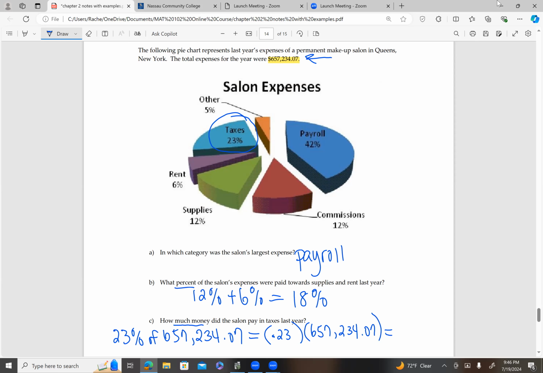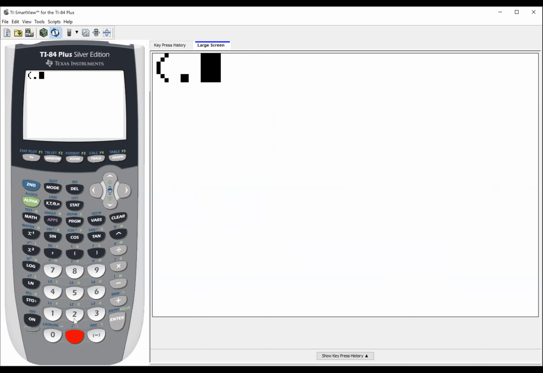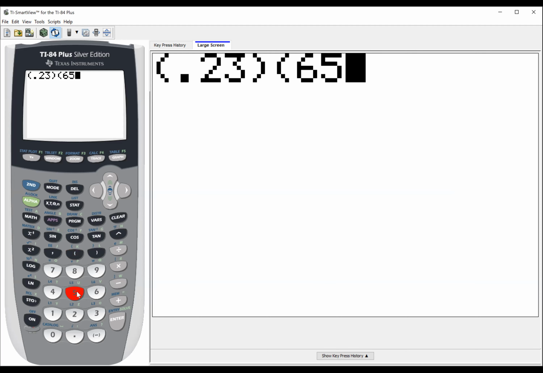And that we could plug into the calculator, and we'll do that together. So let me share my calculator screen. We're taking 0.23, and we want to multiply that by the $657,234.07.